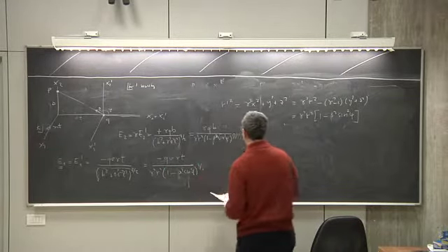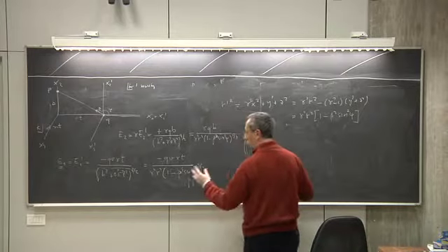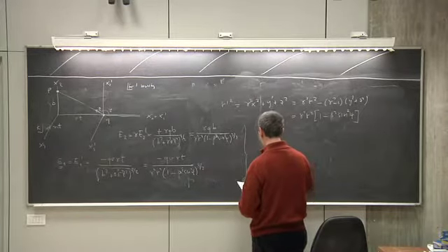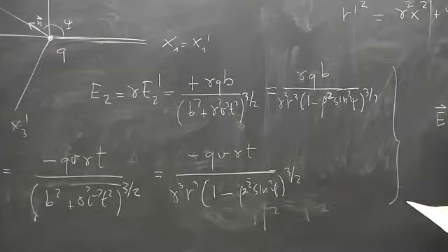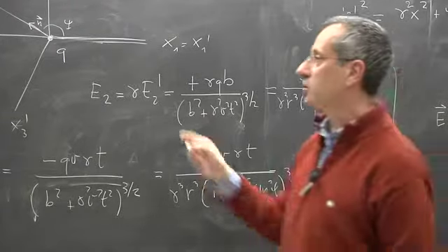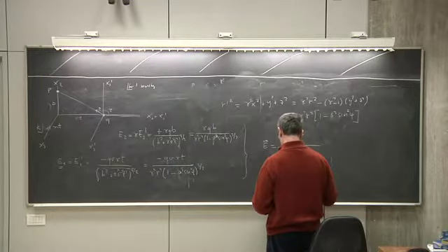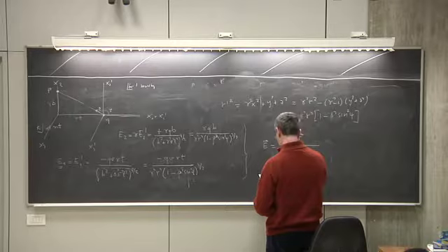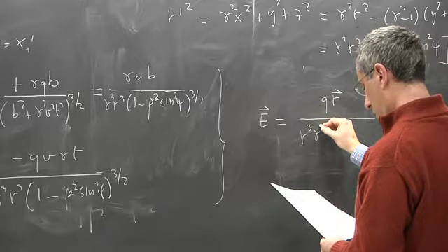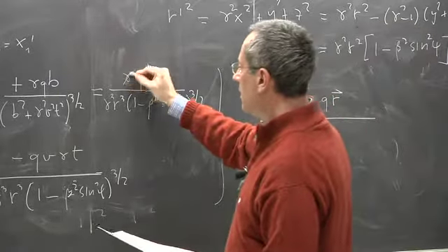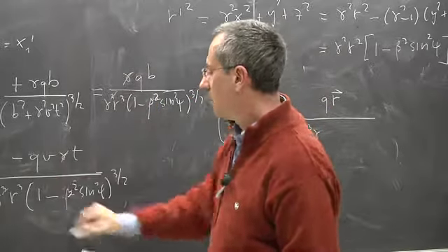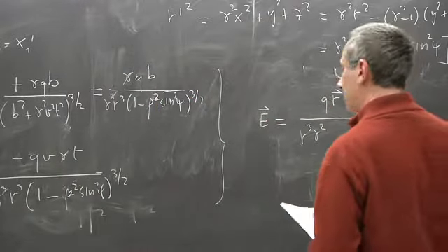So you have two components, so you pull them together, you get the vector relation. So the vector E is QR, pointing in the R direction, divided by R cube, gamma, you see you have a gamma here, gamma here, gamma there, so you have a gamma square.